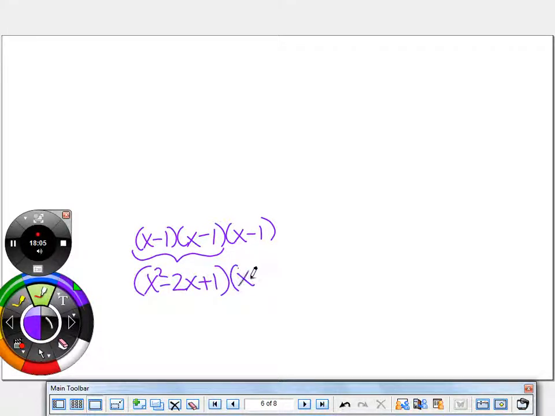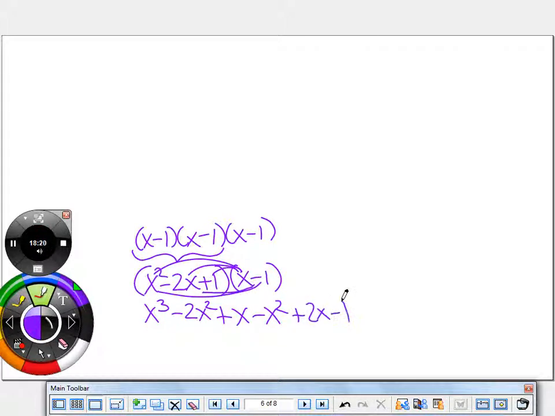Now when I multiply that times x minus 1, I'm going to get x cubed minus 2x squared plus x minus x squared plus 2x minus 1. These don't cancel out. So I have x cubed minus 3x squared plus 3x minus 1. So x minus 1 cubed is this.